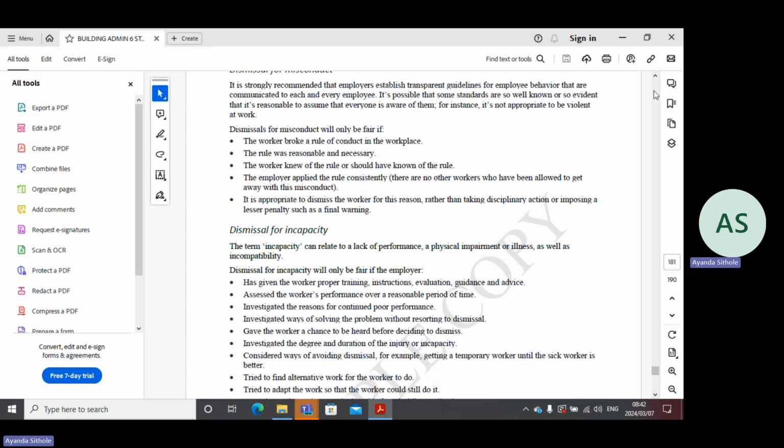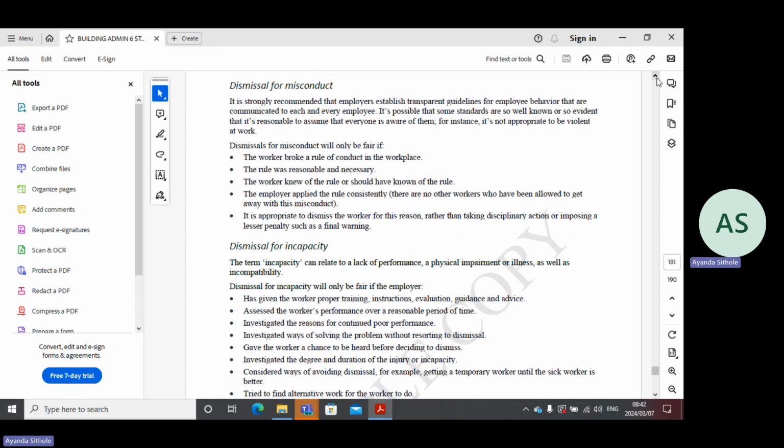Dismissal for misconduct. It is strongly recommended that employers establish transparent guidelines for employee behavior that are communicated to each and every employee. It's possible that some standards are so well known or so evident that it's reasonable to assume that everyone is aware of them.